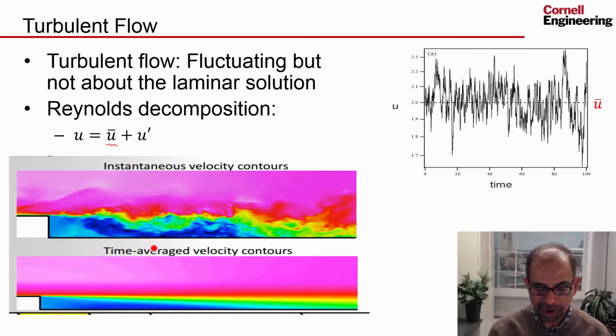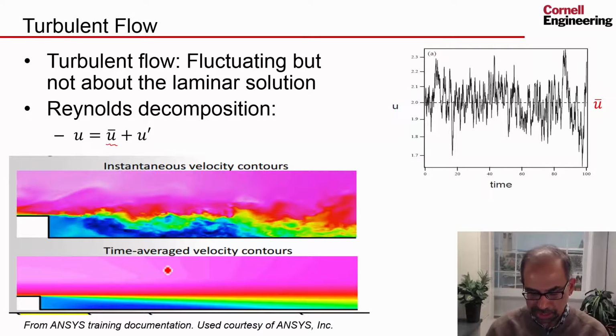Here is a figure from the ANSYS documentation, used courtesy of ANSYS. This is for a backward facing step, which is a canonical turbulent flow. If I plot an instantaneous contour of the velocity itself, so if I go to some particular time and plot a contour of the velocity, I'm going to see lots of details and structures, like small scale structures and so on.